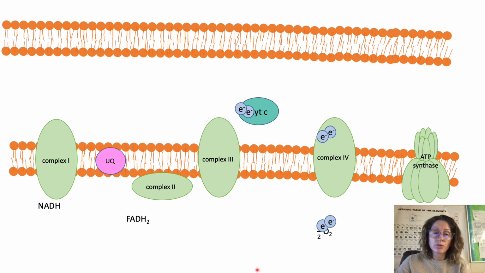Similarly, complex 3 takes them from UQ, and UQ, again, is shuttling within that membrane. And complex 3 takes 2 electrons from UQ. UQ says, I want 2 electrons, so it goes back and takes them from complex 1.